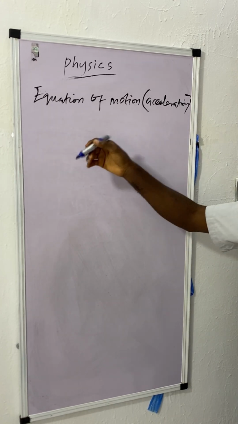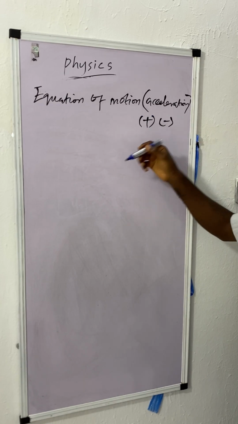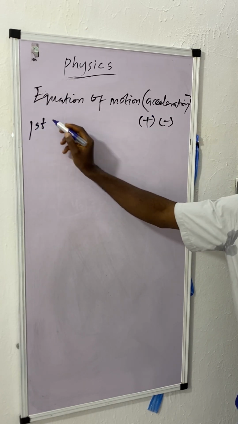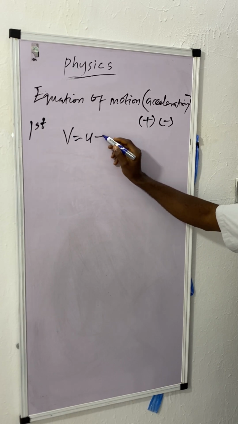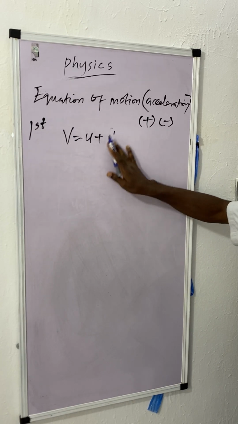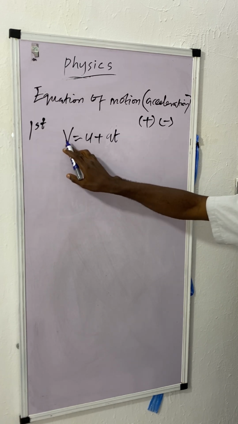Because when we are calculating deceleration, something is going to change, which is the sign. For acceleration, use plus, for deceleration, use minus. That's the difference. So the first equation of motion is V is equal to U plus at. Yes, that's correct.